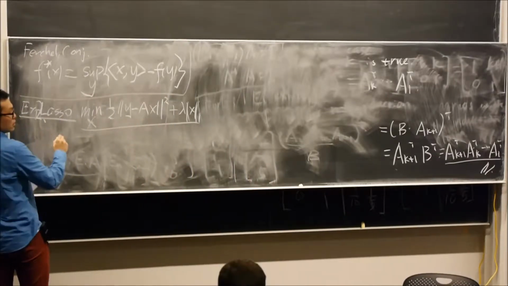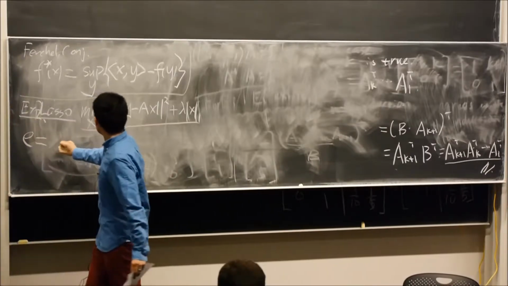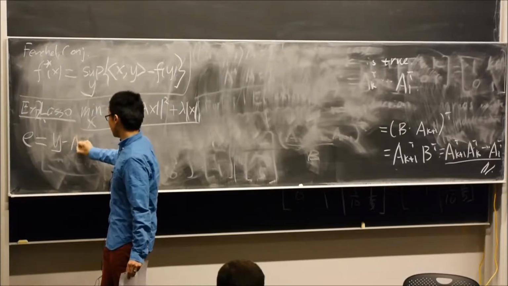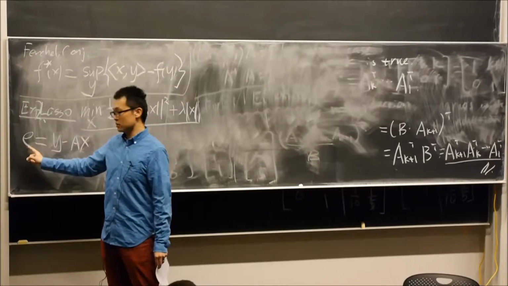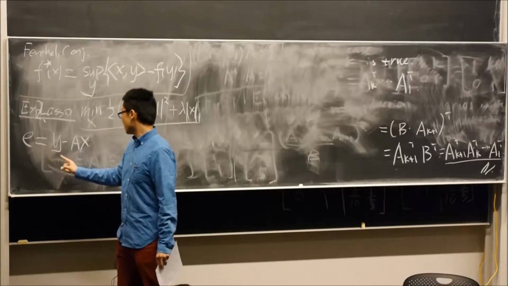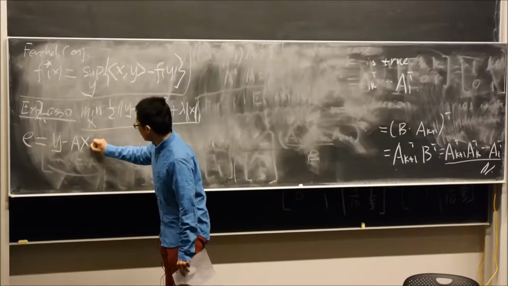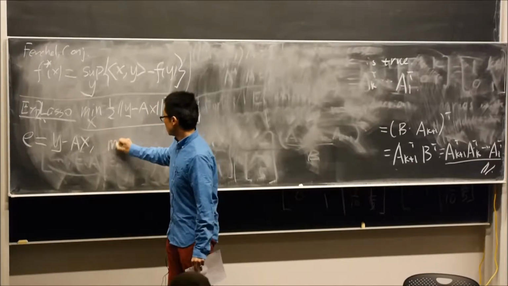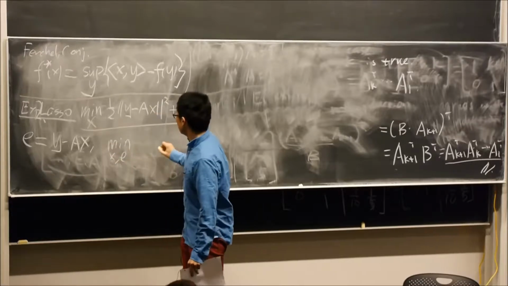Let's call the dummy variable e, and let it be just y minus Ax. So this is the noise of the fit. With this change of variable, we can minimize over both x and e.